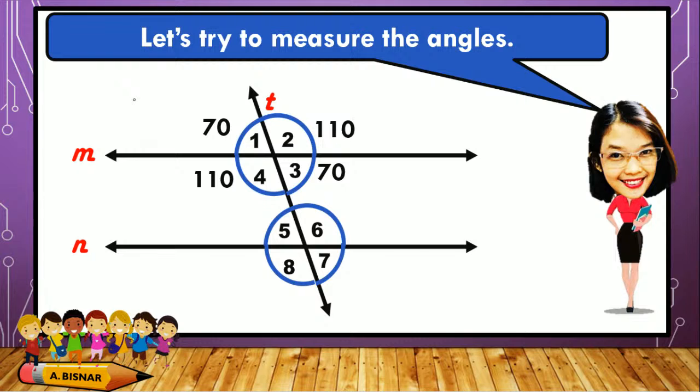Next, what do you observe with angle 2 and angle 4?